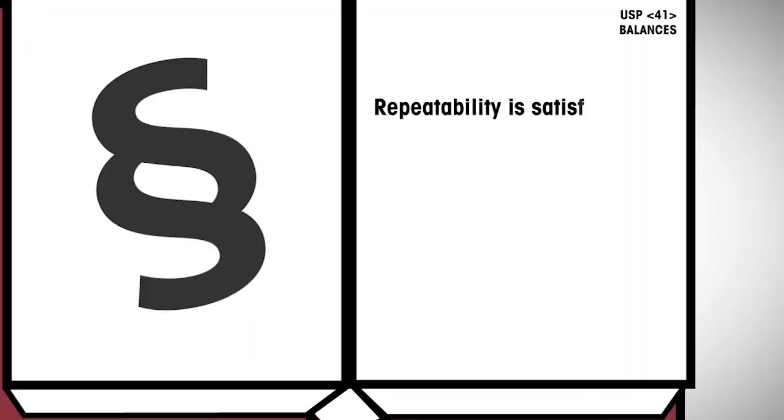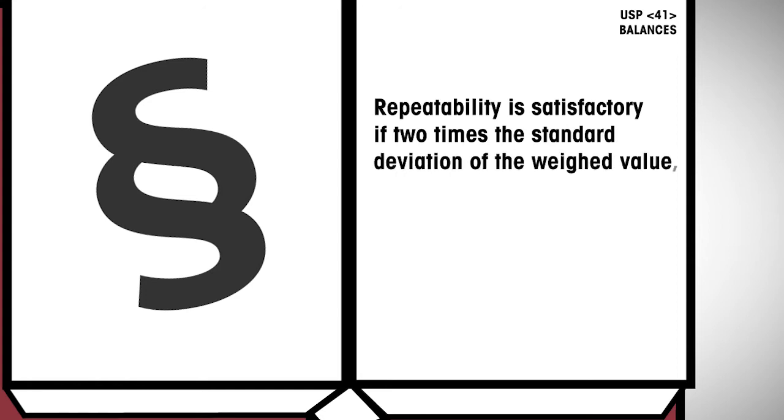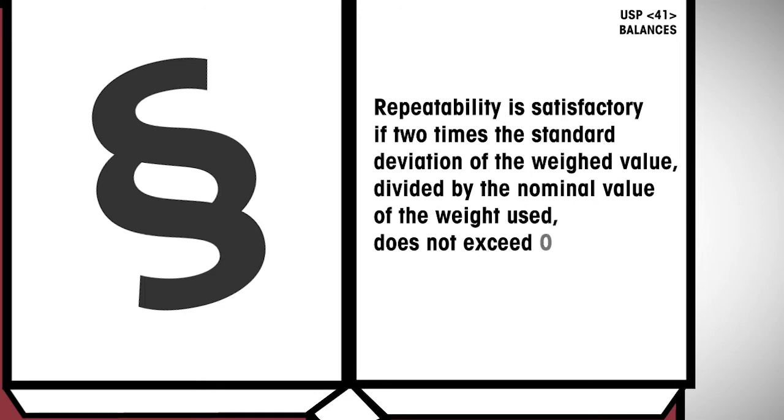Probably you're already acquainted with the repeatability test of the old General Chapter 41 weights and balances. Here comes the new chapter with a few small changes. Repeatability is satisfactory if 2 times the standard deviation of the weighed value divided by the nominal value of the weight used does not exceed 0.10%.